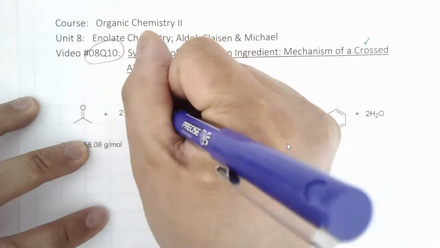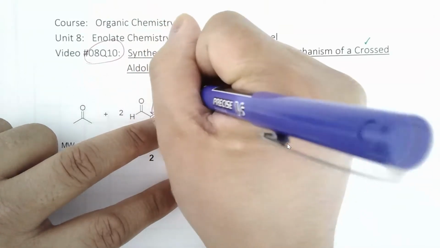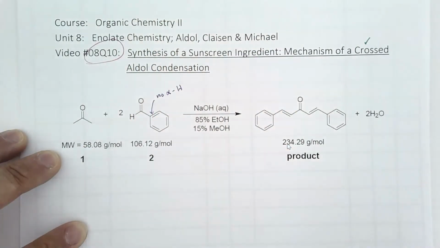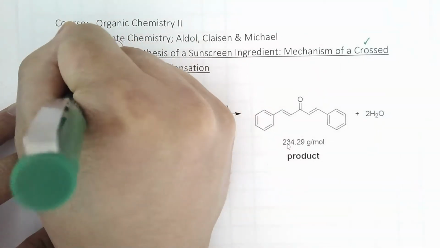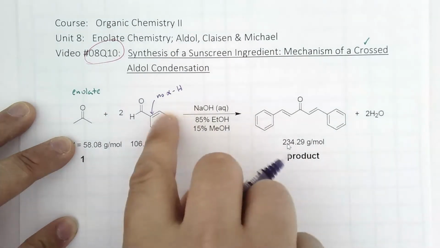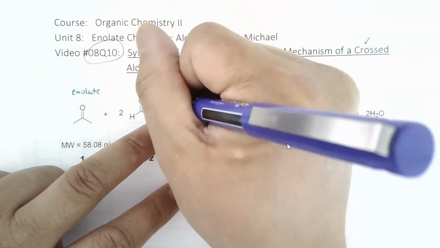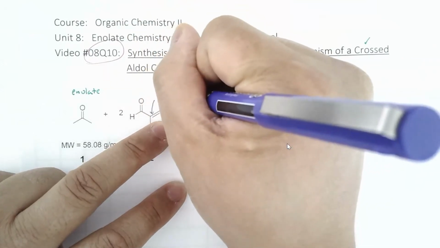You notice that this one has no alpha hydrogens. Therefore, that molecule cannot form the enolate. In the mechanism, we're going to realize that this will be the enolate, and because there's no alpha hydrogens here, this is not the enolate, and it's the molecule that's going to be attacked.